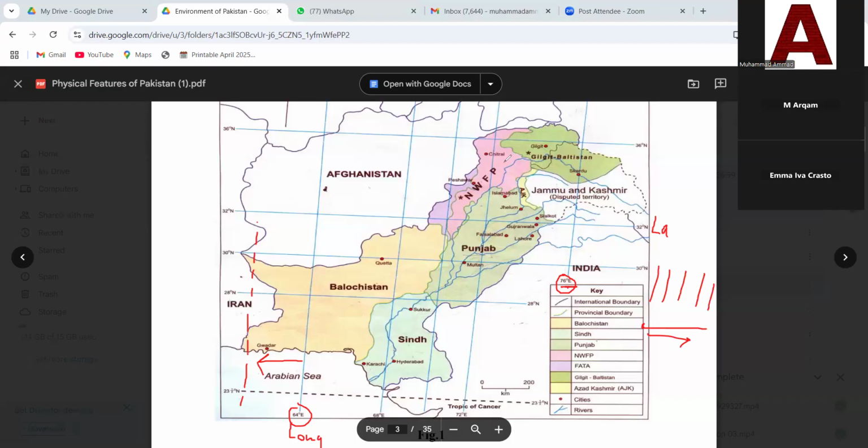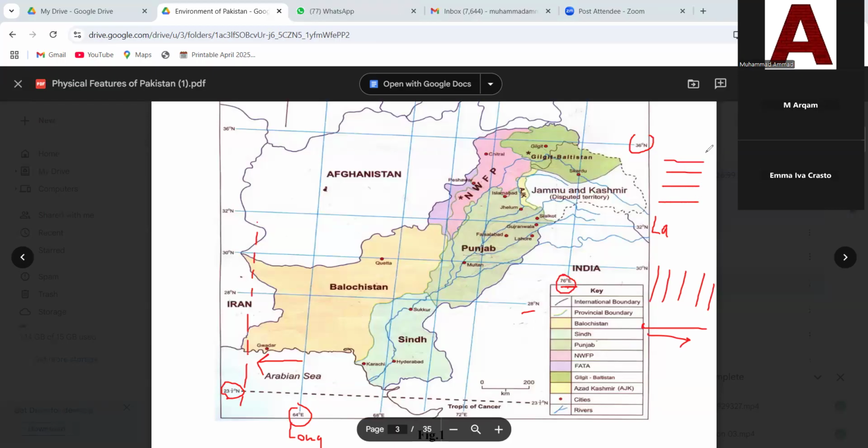Perfect. Then if you look at the latitudes, look at this one, 36 degrees north, and this one here is 25 degrees north, but we're a bit below 25 degrees north, at 23 degrees north, this one here, the Tropic of Cancer. The latitudes go north to south, up and down.